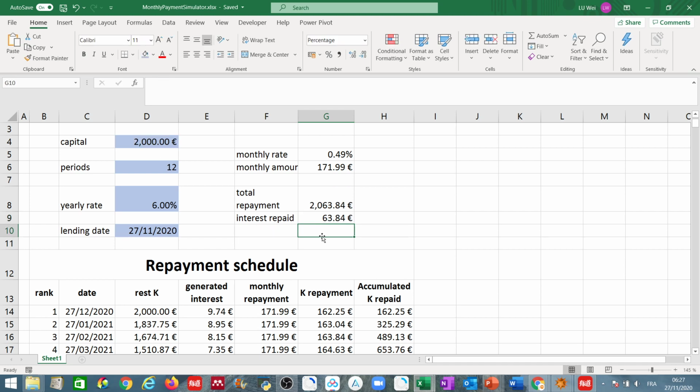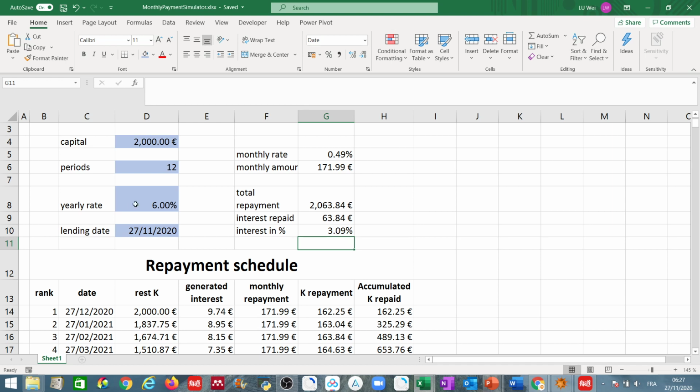This is the interest we have paid. And then we can calculate the interest in percentage, like this. This is just the ratio between the interest paid divided by the total repayment, about 3%.